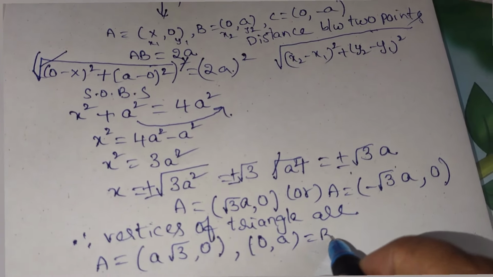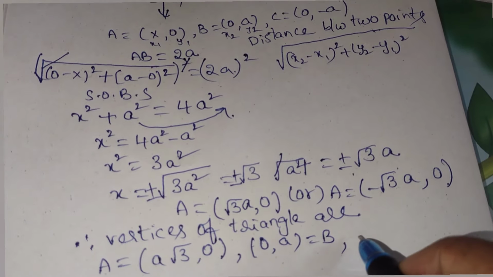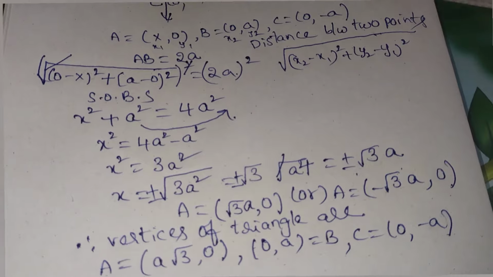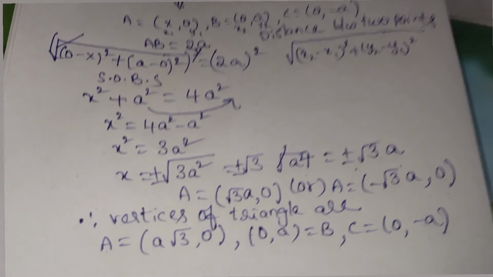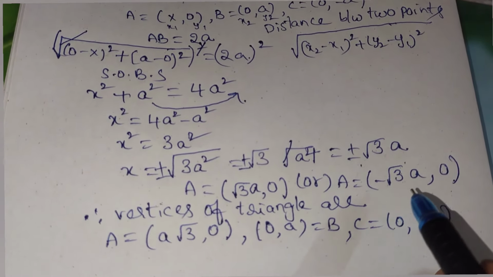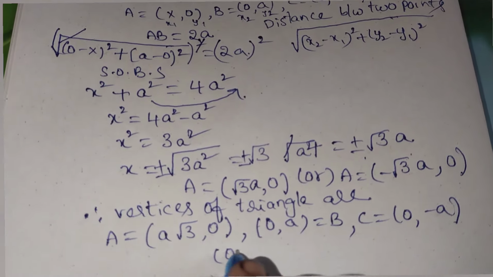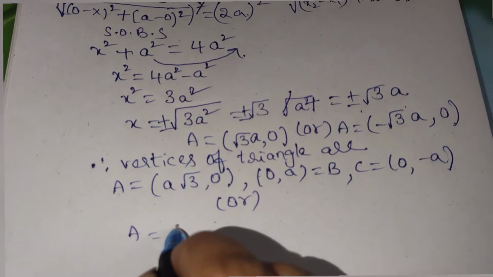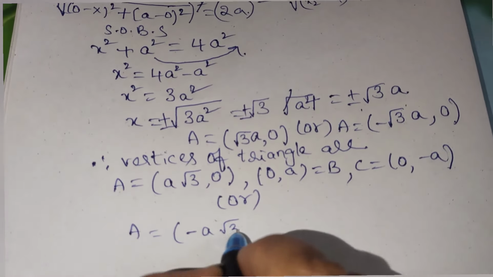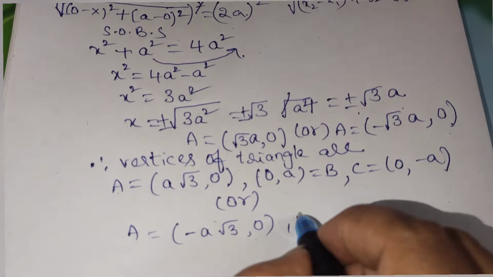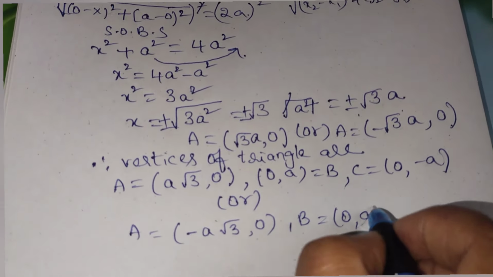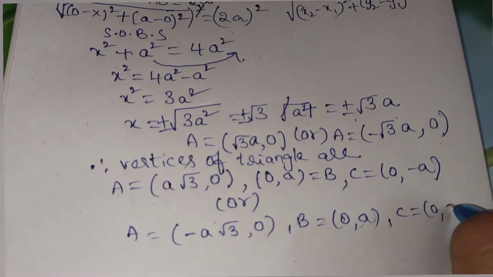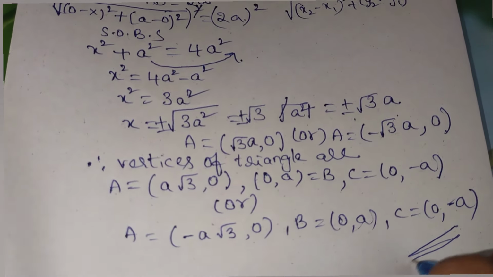This is B. And C is 0 comma minus a. This is for case 1. Suppose case 2, when A is minus root 3a: A equals (minus a root 3, 0), B equals (0, a), C equals (0, minus a). So this is the answer.